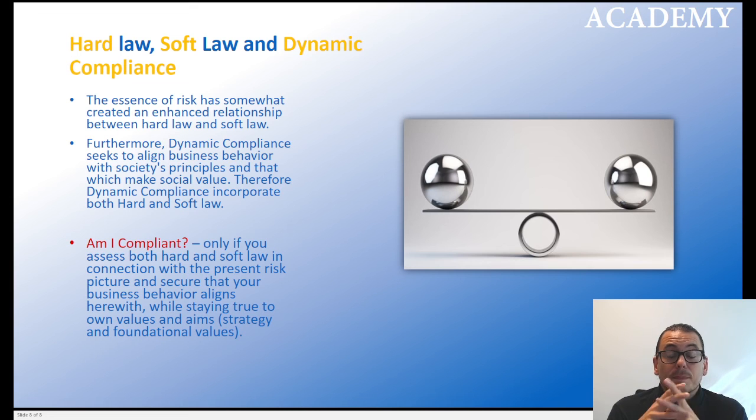So, to be compliant, you need to assess hard law and soft law in connection with the present risk picture and secure that your business behavior aligns herewith while staying true to your own values and aims. Remember, core values, strategy, and the fundamental principles of your operation.